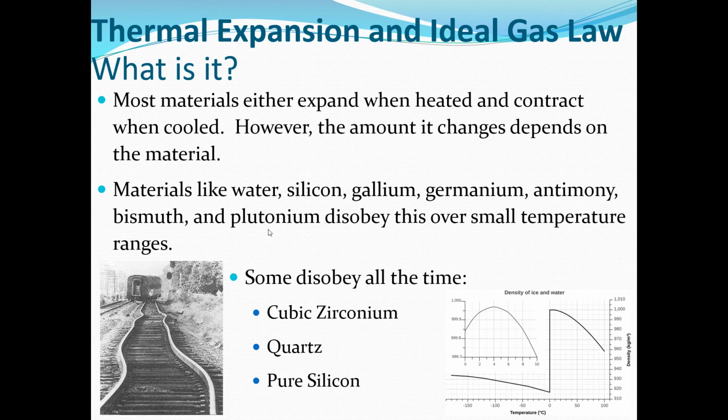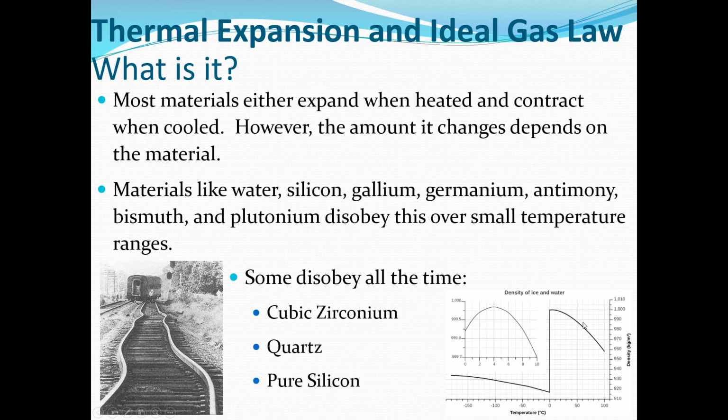What I mean by that is instead of expanding when they're heated, they'll expand when they're cooled. Now there are some materials that actually disobey all the time, meaning when they heat, they don't necessarily expand; they may contract, and vice versa.